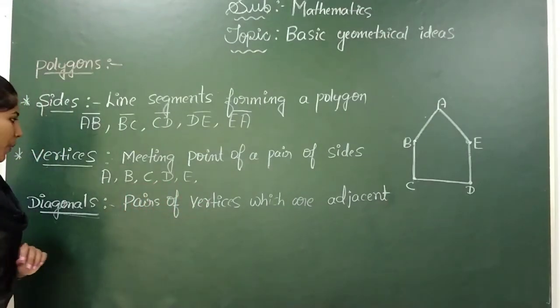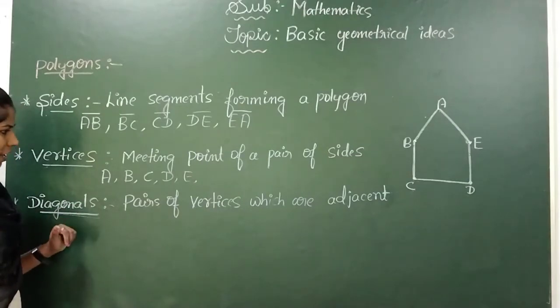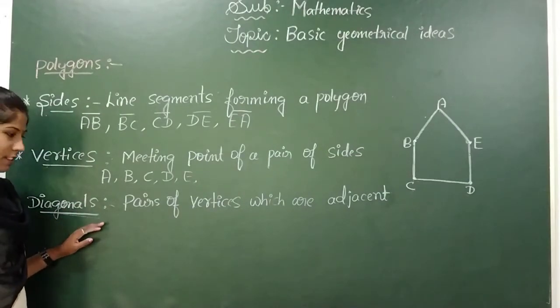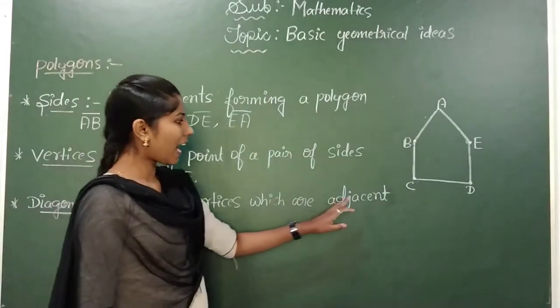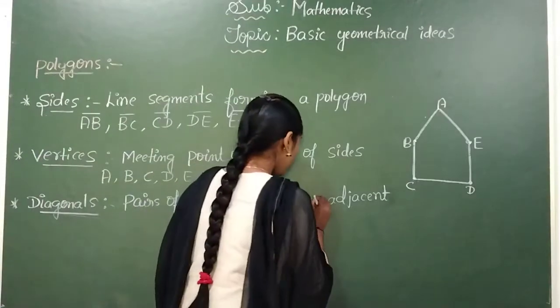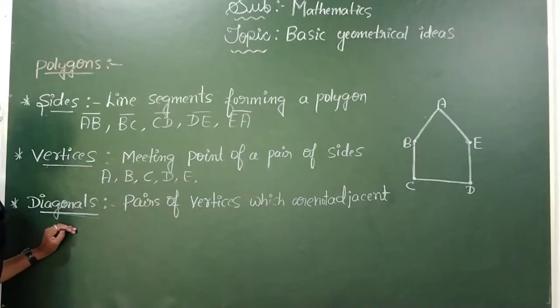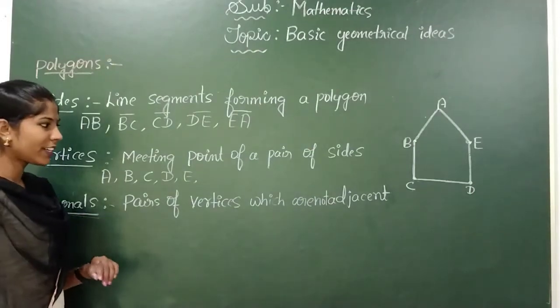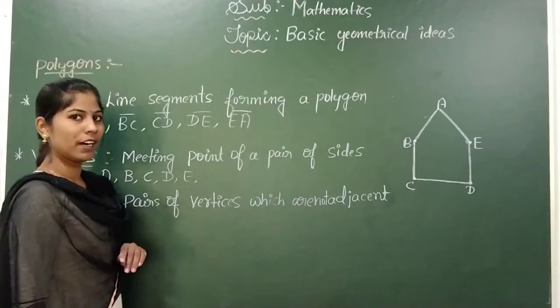Okay. The next point is the diagonals. What is a diagonal? The pair of vertices which are not adjacent are called diagonals. So what is the meaning of a pair of vertices which are not adjacent?